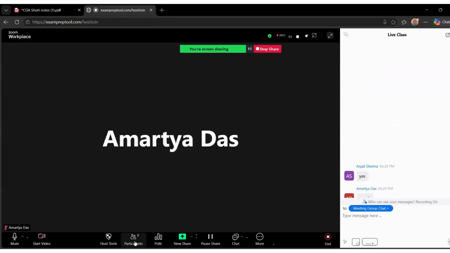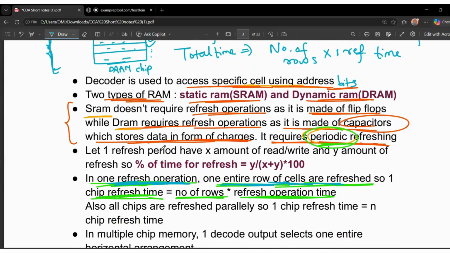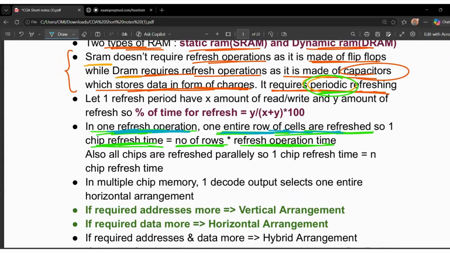The same thing is written here: in one refresh operation, one entire row of cells is refreshed, so one chip refresh time will be number of rows into refresh operation time.